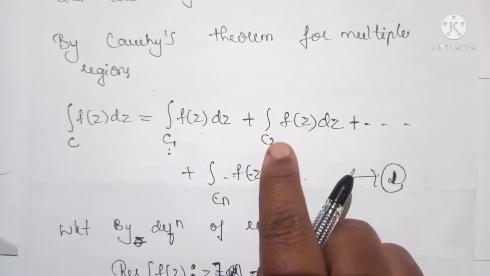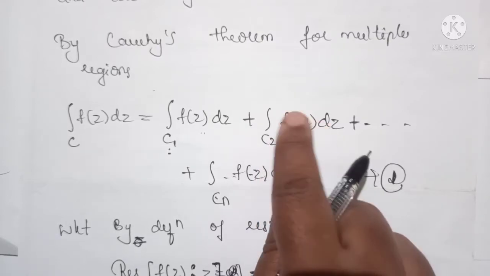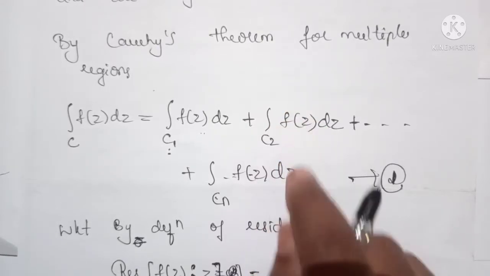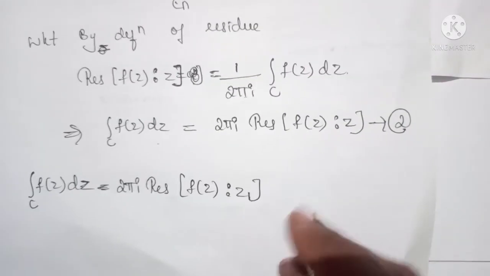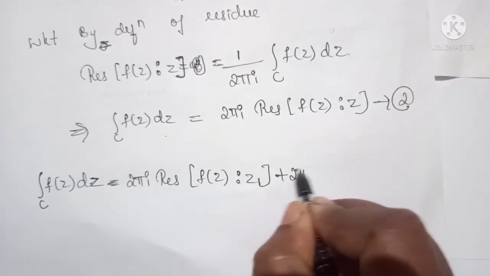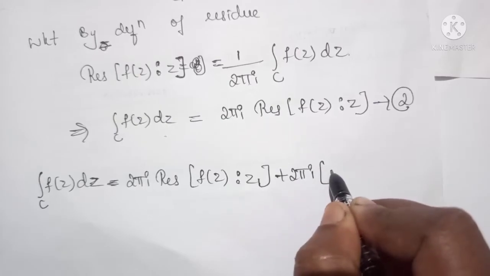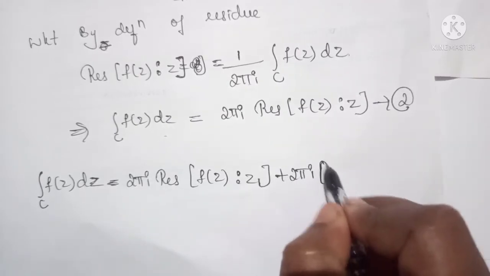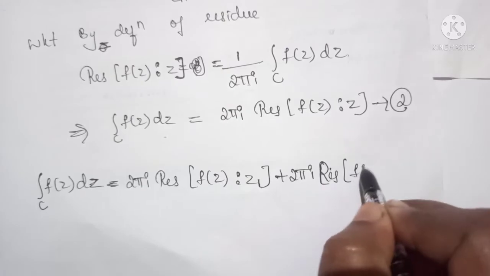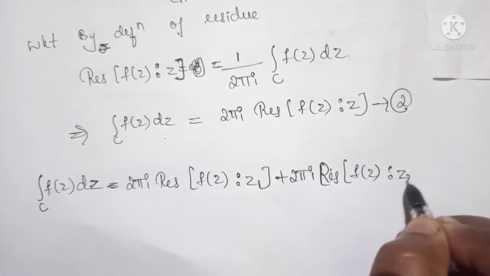Similarly, we write the residue for this one, that is the residue at z2, so plus 2 pi i times the residue of f of z at z2.